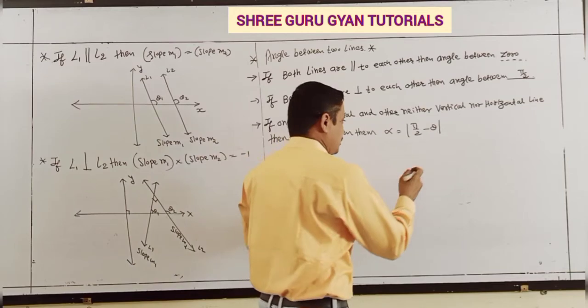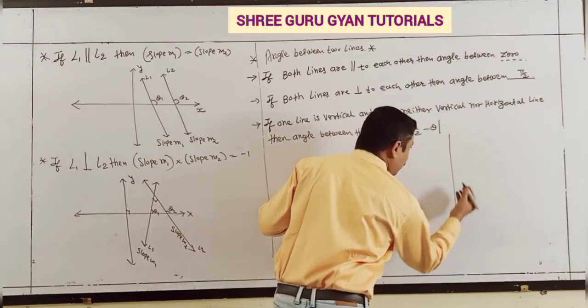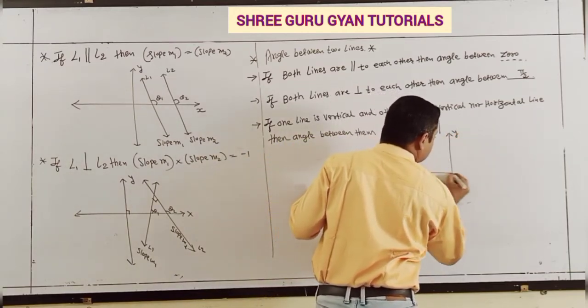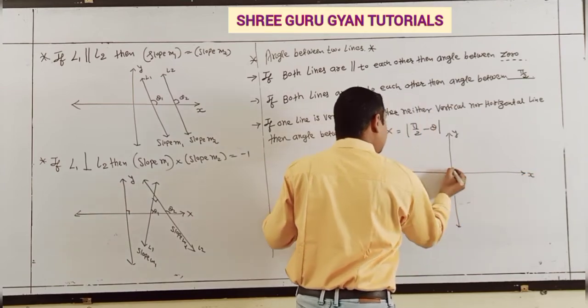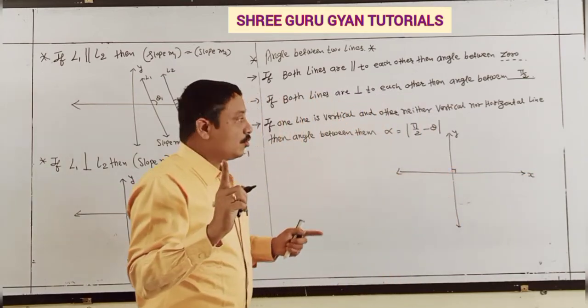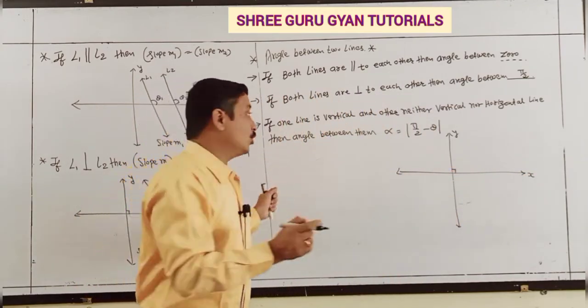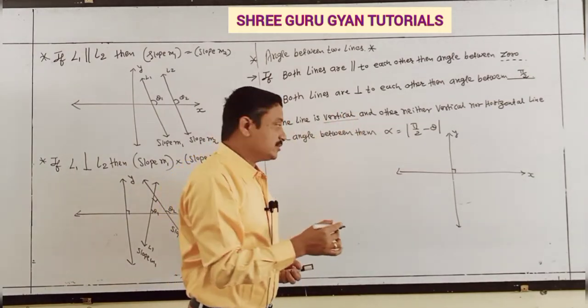Because consider your drawing with the y-axis and x-axis, here 90 degrees. One line is completely vertical.